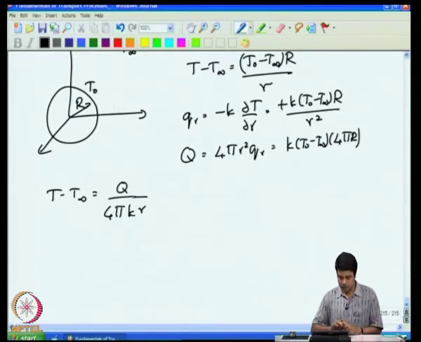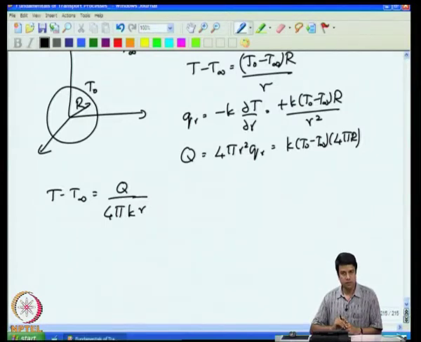As I told you, this solution is actually independent of the radius of this spherical particle. Expressed in terms of the total heat coming out, the solution is independent of the radius of the particle. It decreases as 1 over r as r goes to infinity, far away from the particle.